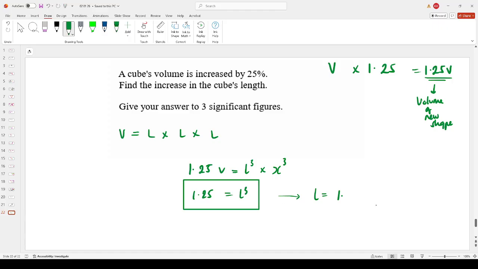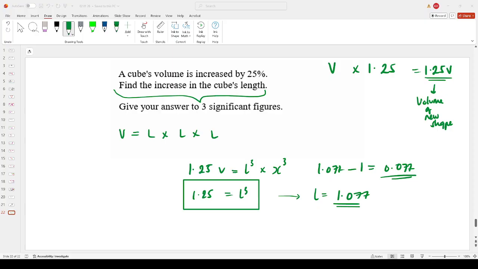1.077. So 1.077. Now, what did it say that we wanted? It said find the increase in the cube's length. So that's the length plus the difference. So how do I take away the, what do I do to get the original? I do 1.077, take away the original, which is 1, and that's 0.077.